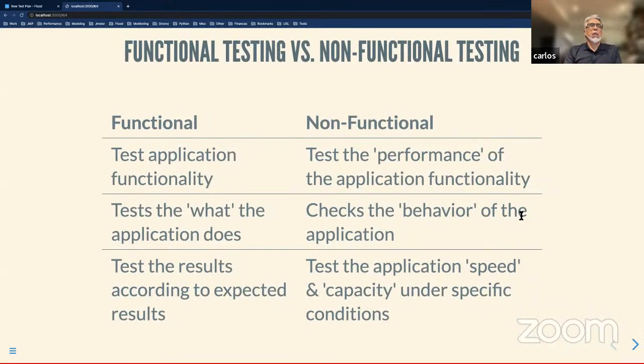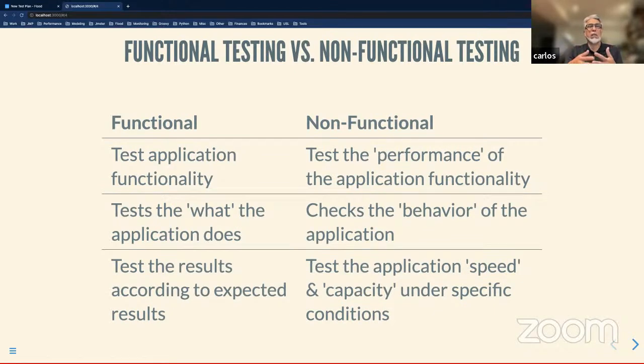So a quick distinction between functional testing and non-functional testing. In functional, we are testing how the application works. In performance, we are testing the performance of the functionality. We are testing functionally what it does, but non-functionally, how it behaves.